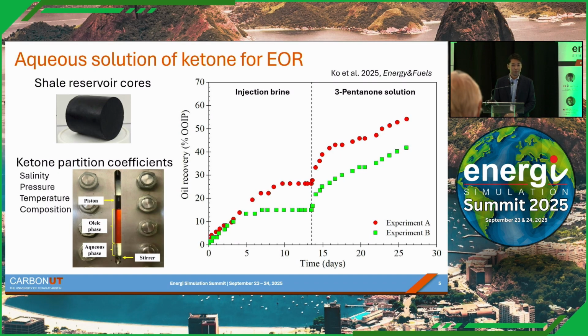The first stage is injection brine, just ordinary pond water at low salinity, and the core was immersed in this ordinary low salinity brine. And after reaching a plateau in oil recovery, we switched the aqueous solution to 3-pentanone solution. And you see massive rapid recovery response after the switch. And this is because of a very strong wettability alteration capability of this very simple oxygenated solvent.